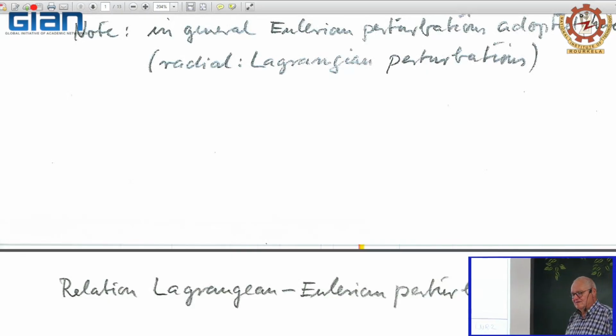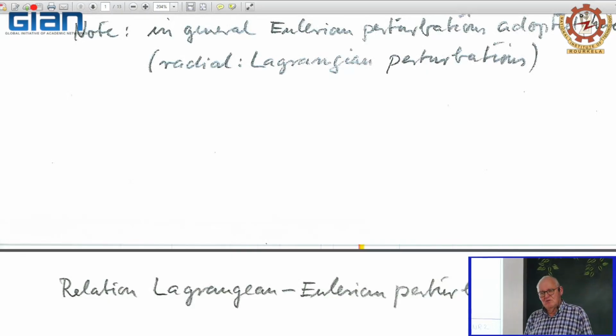In the Lagrangian sense, perturbation means we consider a quantity in the perturbed Lagrangian for the perturbed mass element. We focus on the mass element. The independent variable is the initial position vector of our element, and then this mass element moves to a new position r, which depends on the initial condition, and now we perturb this element.